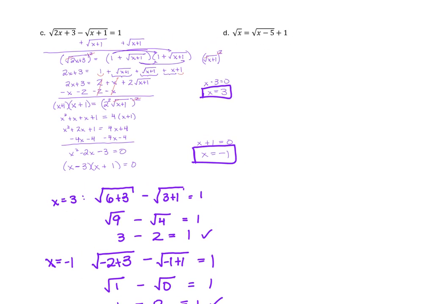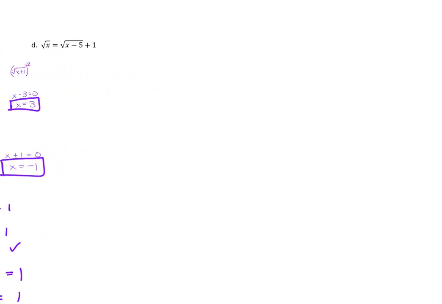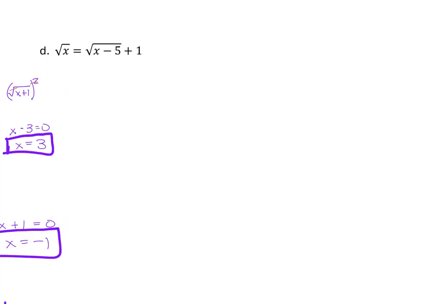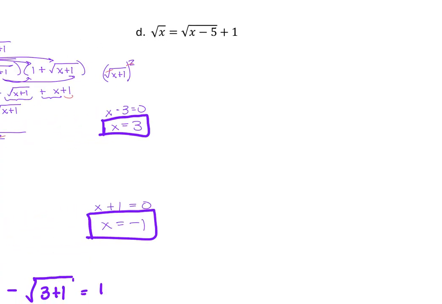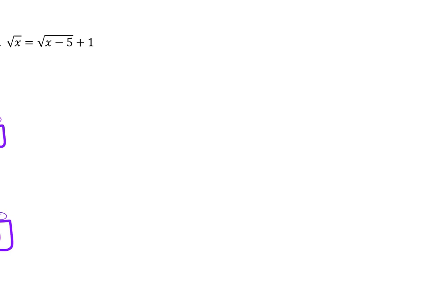All right, now, as this is a new type of problem, we're going to go ahead and do one more example to get a little bit of practice with this. All right, let's come over to example D. And I'm going to rewrite it so that we have a little bit more room.